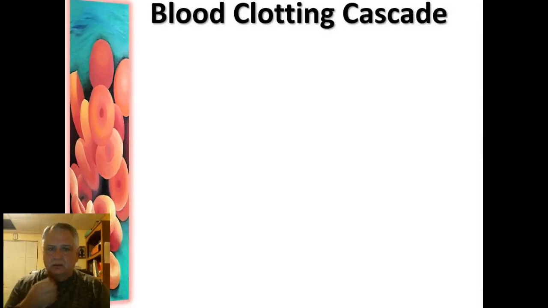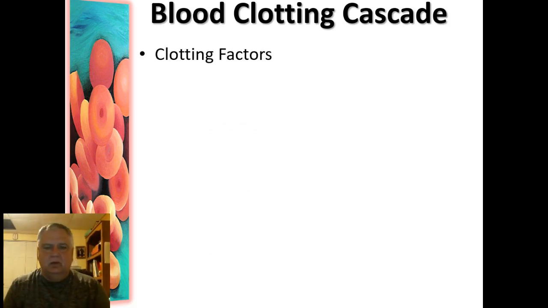Speaking of the clotting process, that's the next topic I'd like to discuss with you, is how blood clotting occurs. It occurs along a cascade of events, or kind of like a domino effect. And so we're going to take a look at how this blood clotting occurs along this domino effect.